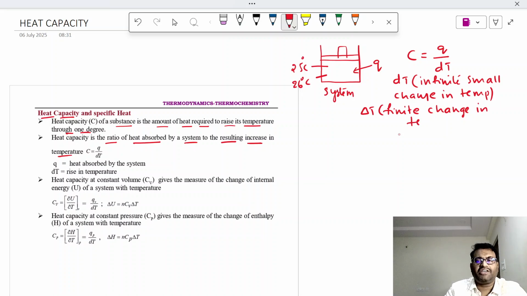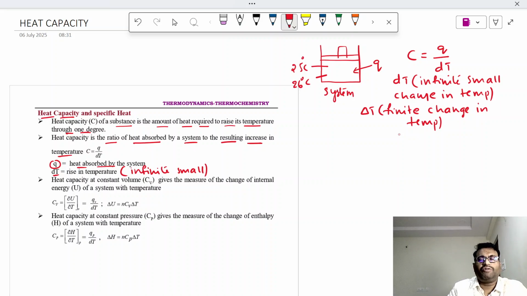Finite change in temperature. So that's the difference between dt and delta T. Okay. So Q is heat absorbed by the system, and dt is the infinitesimally small rise in temperature.